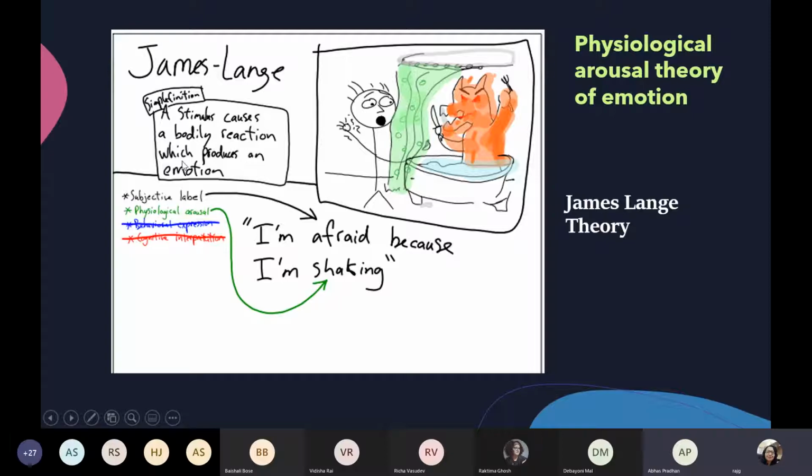A stimulus causes a bodily reaction, which produces an emotion. Because there is a bodily reaction, I feel afraid. So I interpret that bodily reaction: I'm shaking, so definitely this must be scary. So I'm afraid. Do you agree with this theory?